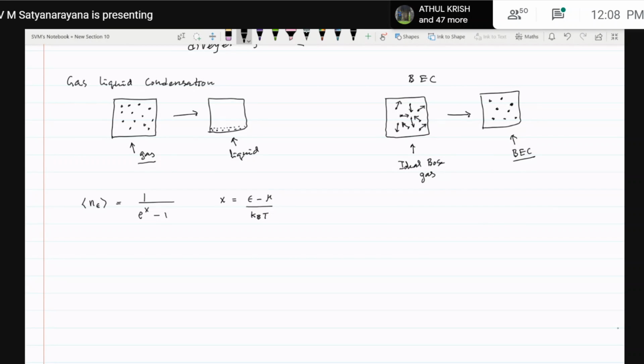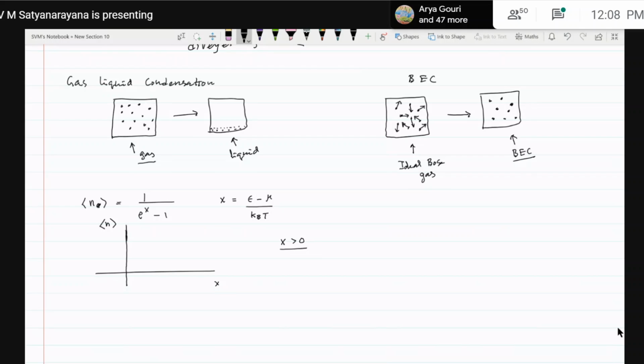This is what we have. Now we try to plot this function as a function of x with average n. I don't even have to write epsilon because it is the average n. Then we notice that x has to be positive.